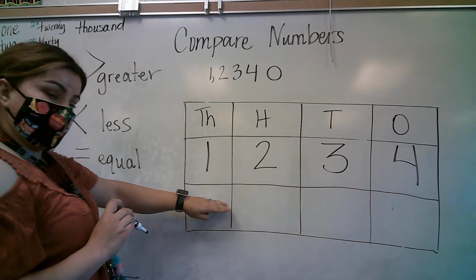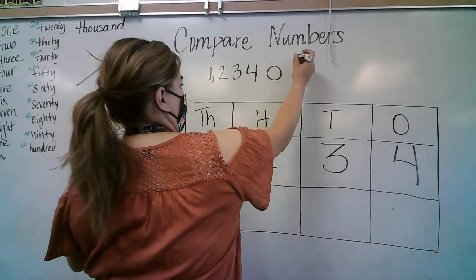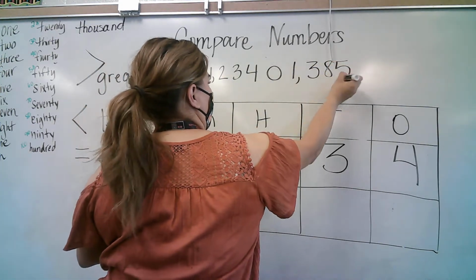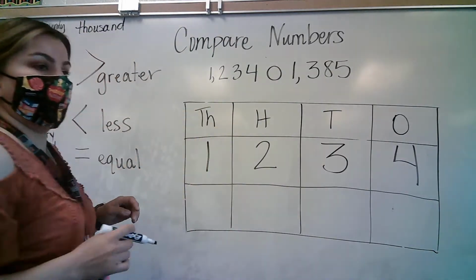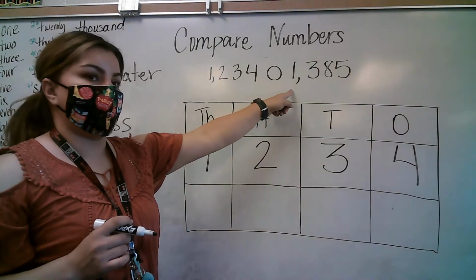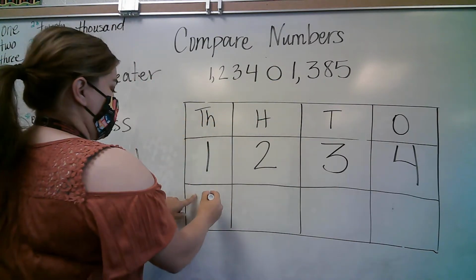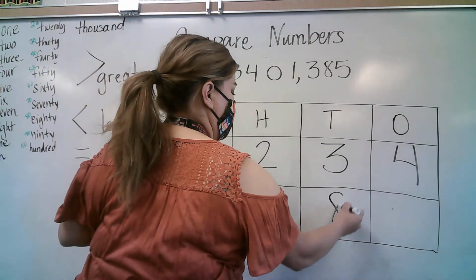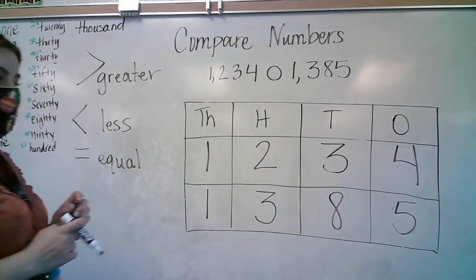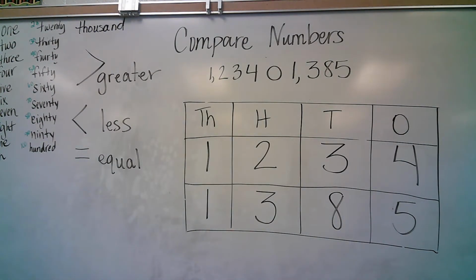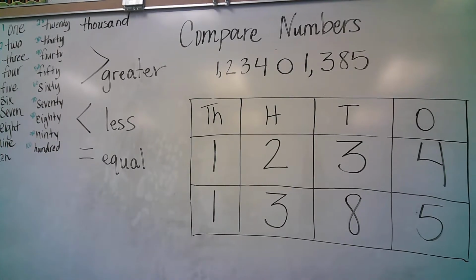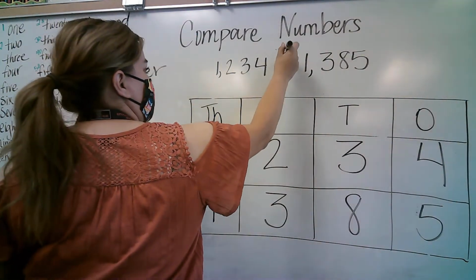Now I'm going to write the second number, which is 1,385. And I'm going to write this number now in my chart. Give me a thumbs up when you have those two numbers written in the chart. I'm going to make my circle a little bit bigger because it kind of looks like a 0.